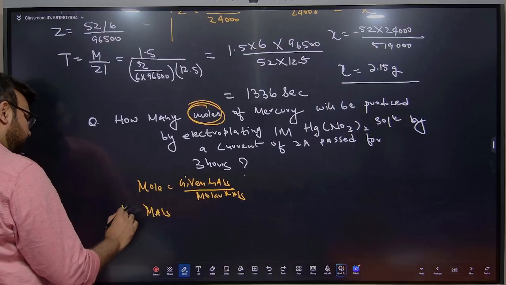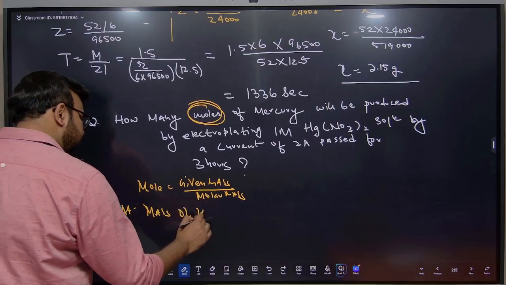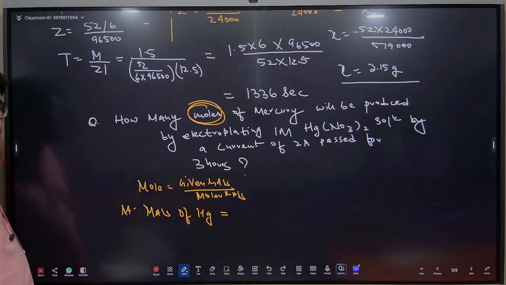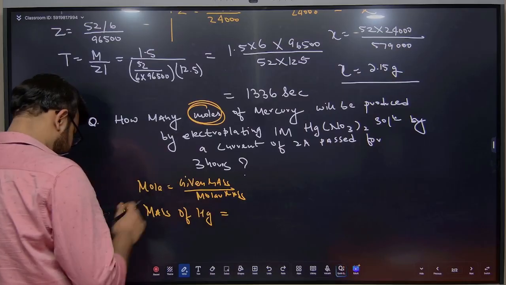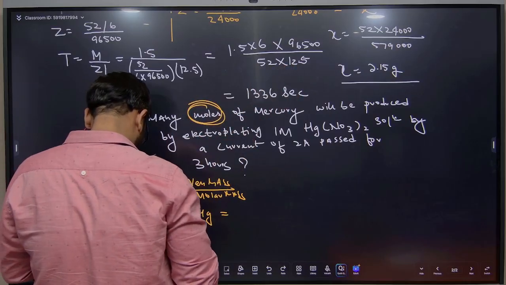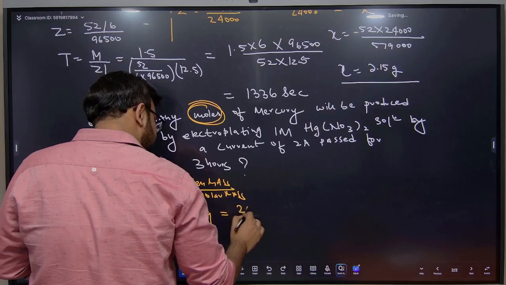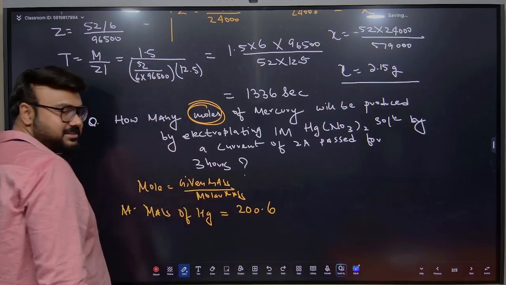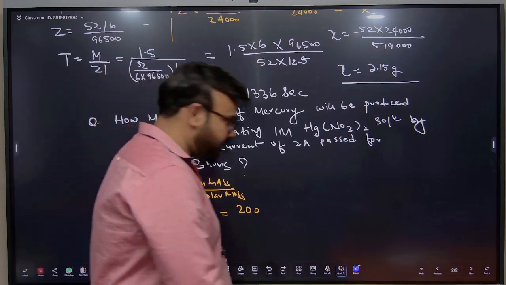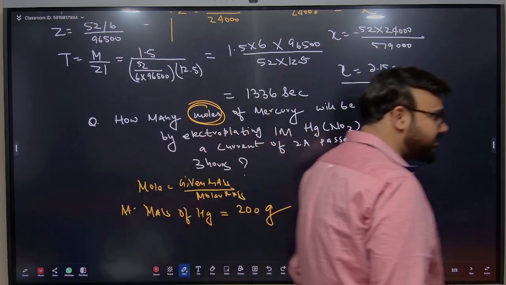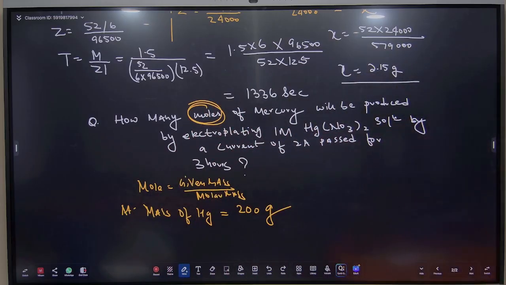What is the atomic mass of mercury? You can take it as 200. It's actually 200.6, but I will give you 200. Easy, 200 grams. Just solve this. See how much it's coming.